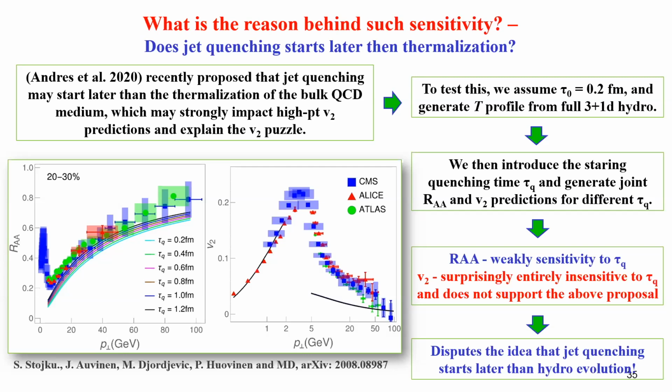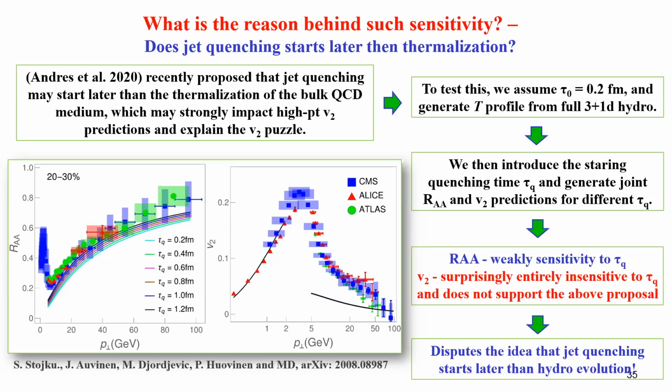Before we move on, just a quick question. Maybe you will also talk about this later, but is there a reason why there's this big jump between 2 and 5 GeV on the V2? I'm trying to understand what this plot is trying to convey on the right.